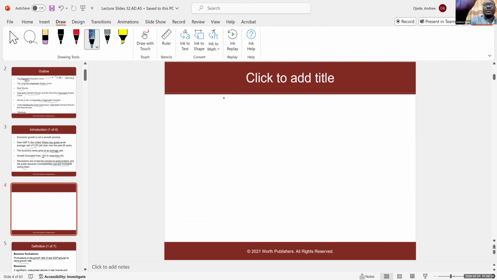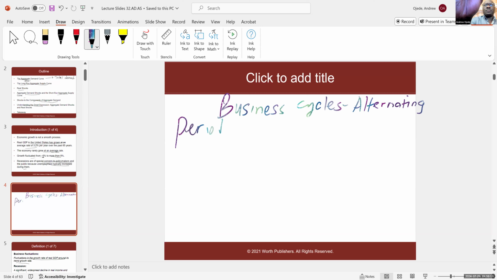So when we're talking about business cycles, this is basically alternating periods of economic downturns. Economic downturn, that's what we are calling recessions.